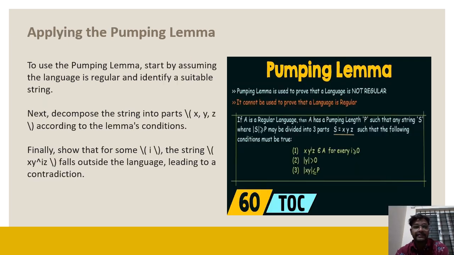And next is applying the pumping lemma, where we can apply. To use the pumping lemma, start by assuming the language is regular and identify a suitable string. Next, decompose the string into parts x, y, z according to the lemma's conditions.